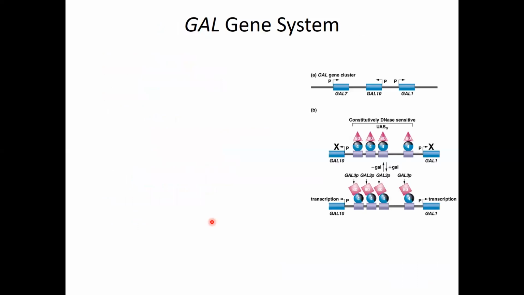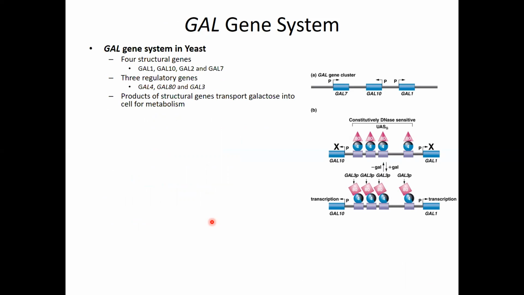So one of the major systems in eukaryotic gene regulation is the GAL gene system. The GAL gene system in yeast contains 4 structural genes: GAL1, GAL10, GAL2, and GAL7.